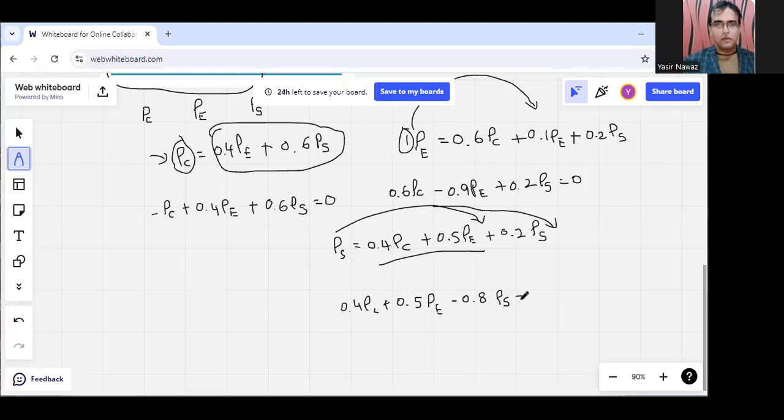Yes. So now these are the three equations and three unknowns.